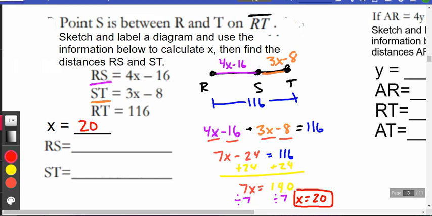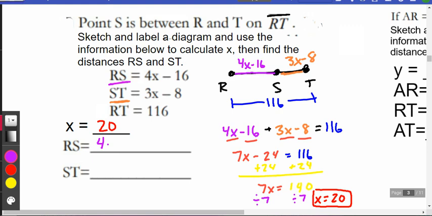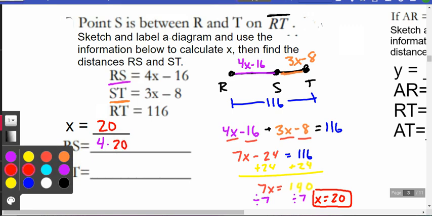And now we need to calculate RS. So RS is 4 times 20 minus 16, which is 4 times 20 is 80. Take away 16 will result in 64, I believe.